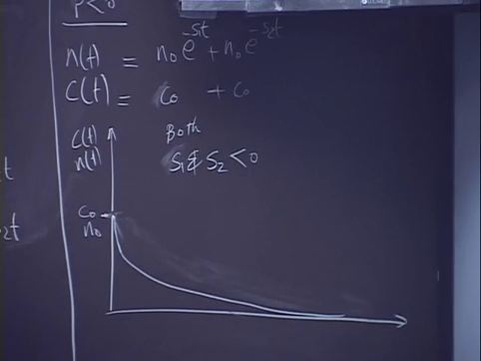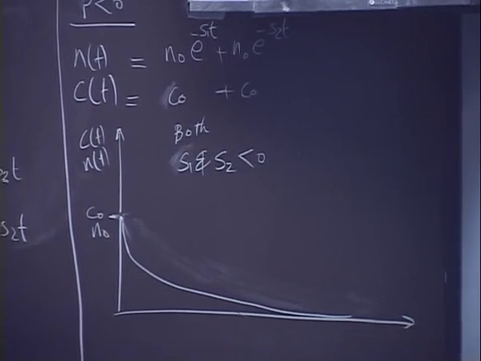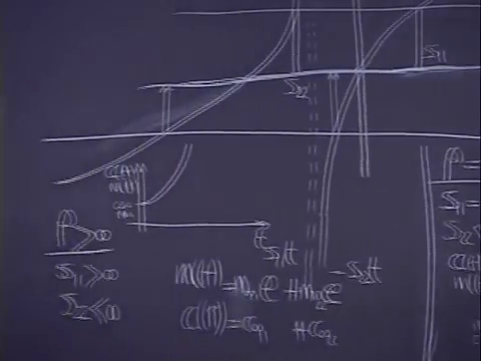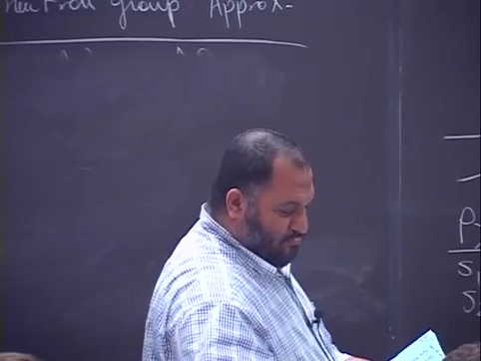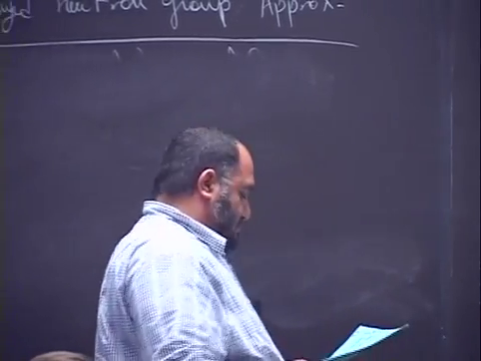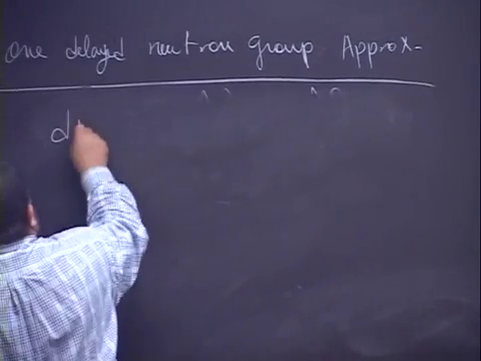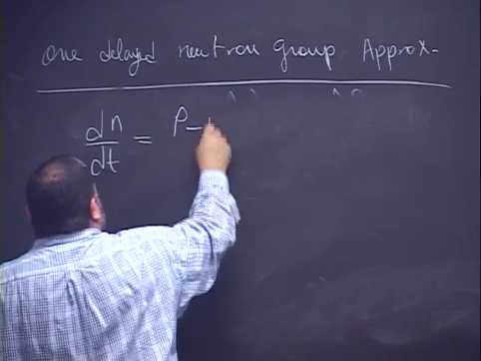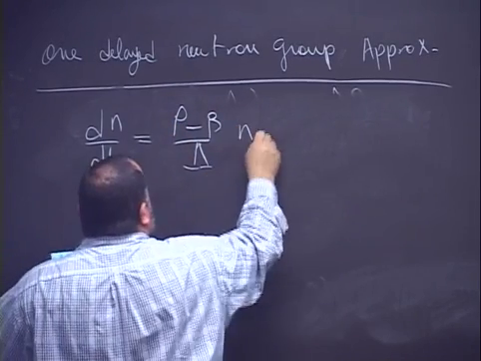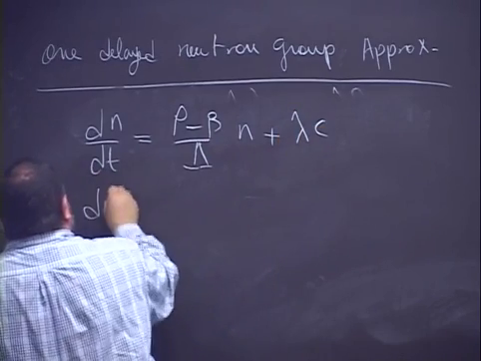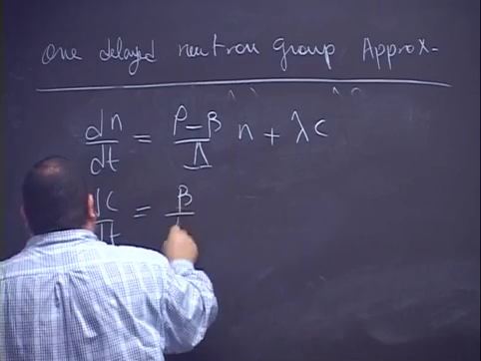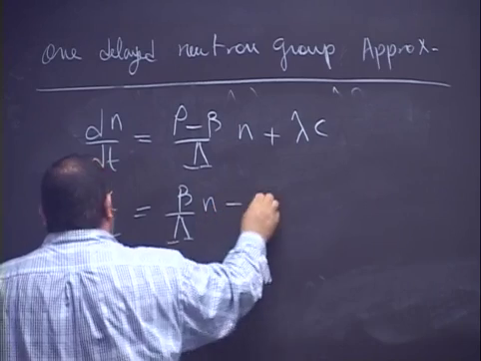So again, we have the equation dn of t by dt equal to rho minus beta divided by gamma n plus lambda c, and dc by dt equal to beta divided by gamma multiplied by n minus lambda c.